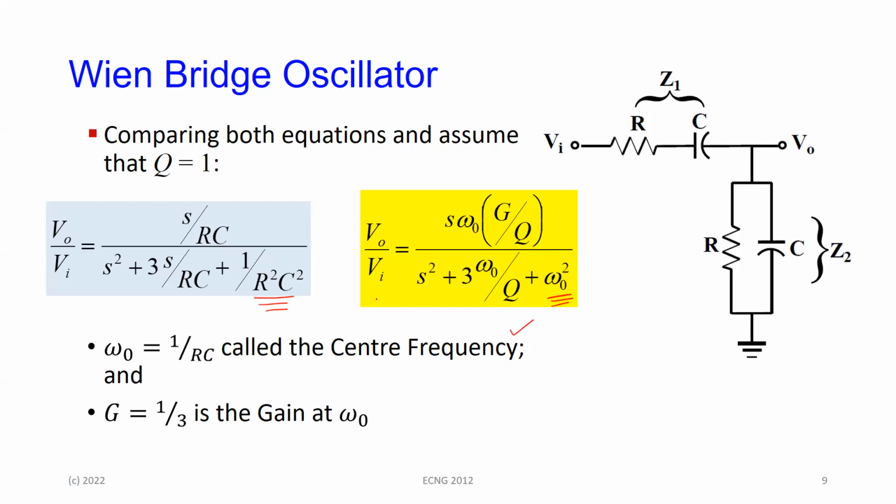If I substitute 1 over RC into this expression, you will see that V out over V in at omega 0 is 1/3. In other words, at omega 0, the gain of this circuit is 1/3. So it's oscillating at 1 over RC, and the gain of the circuit is 1/3.